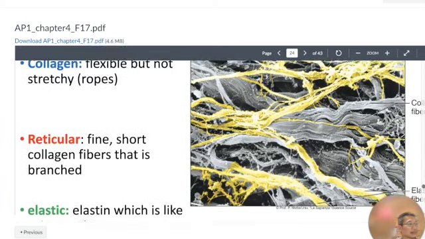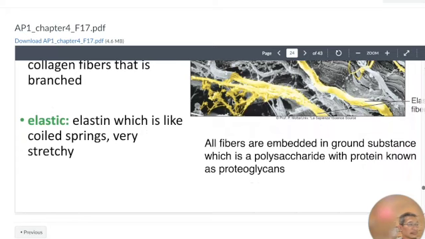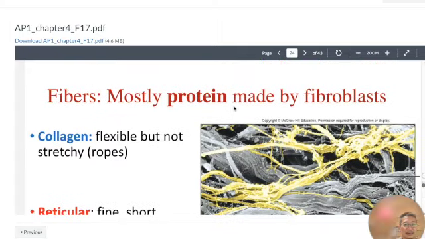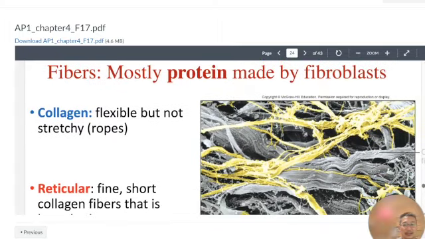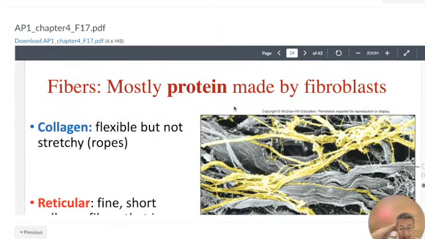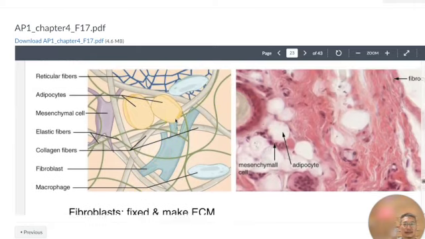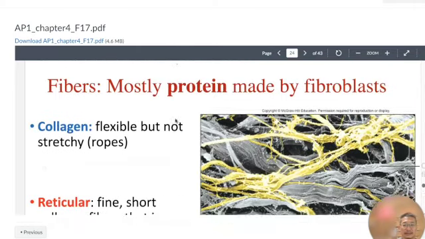It's like a matrix. So these are the three main ones that is secreted by the fibroblasts, which is this guy right here. Remember, they are fixed.